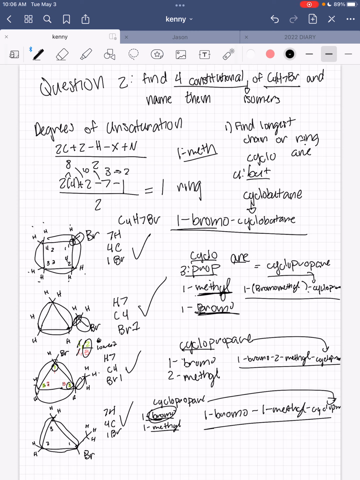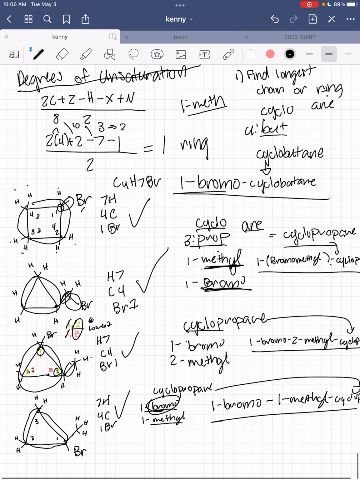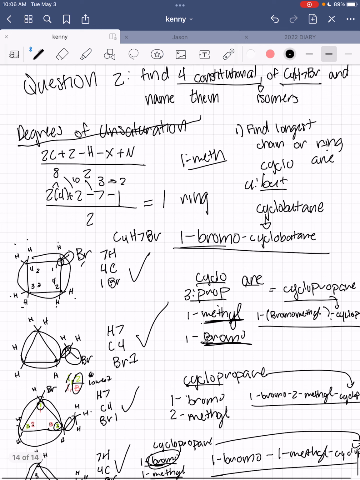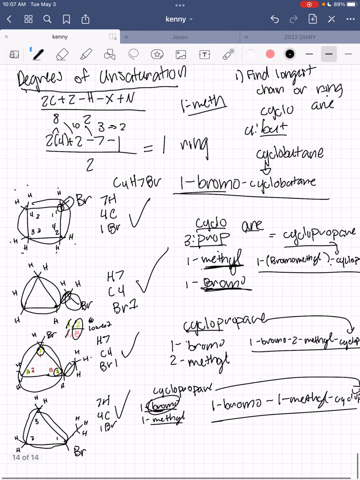So just to do a quick recap of what you need to do. What you need to do is to use degrees of saturation. Once you do degrees of saturation, you just need to draw 4 of them. There's a table, I just don't have it on me, but you can easily know which one it is. But for this one it's pretty easy.